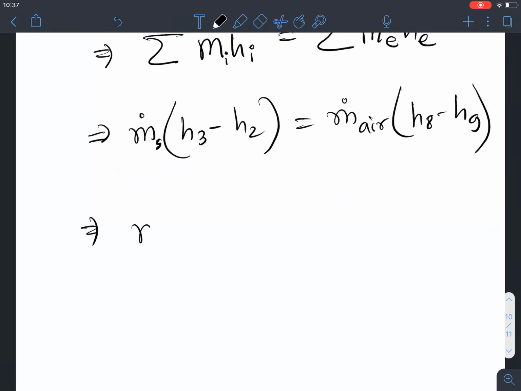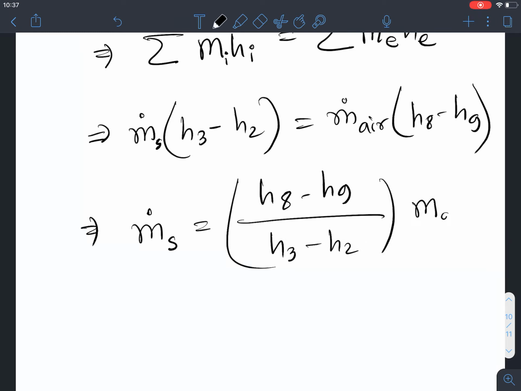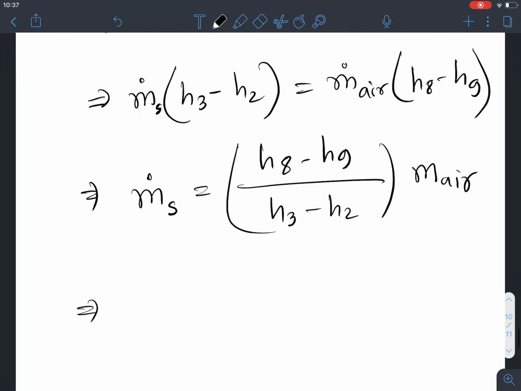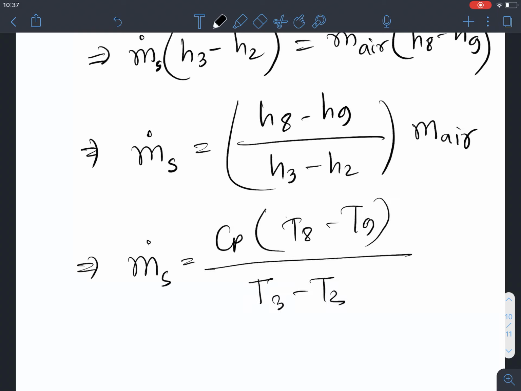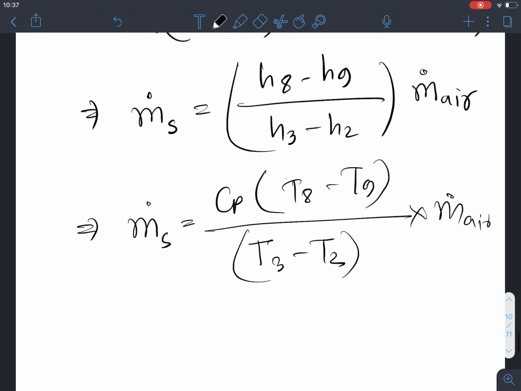From here we can determine the mass of steam, because we know everything here: mass of steam equals H8 minus H9 divided by H3 minus H2 times mass of air. So we know all of this information.